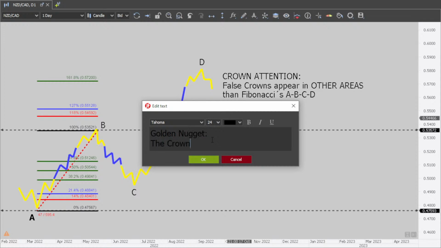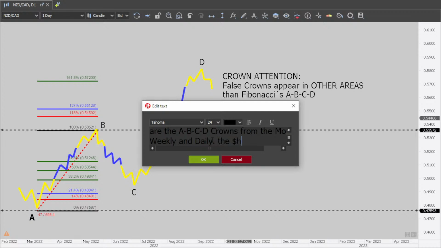The crowns that work most of the time are the A, B, C, D crowns from the monthly, weekly, and daily.